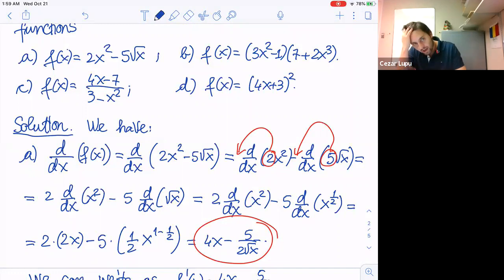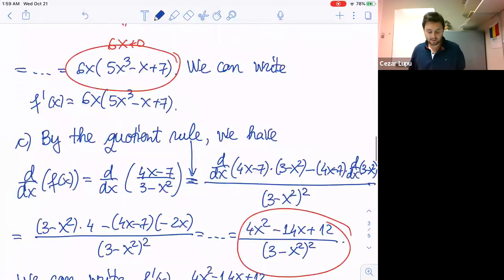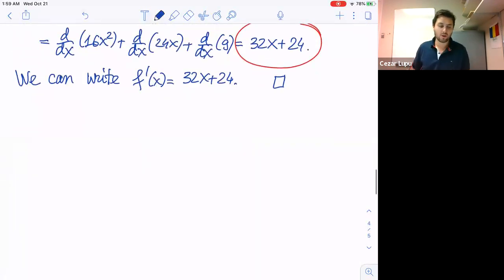So when you are asked to compute the derivative, you always think of the first derivative. But there is a question: is there a second derivative, a third derivative? And the answer is yes. And now let's talk about higher order derivatives.